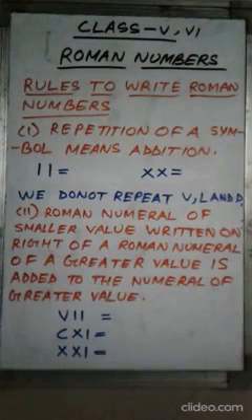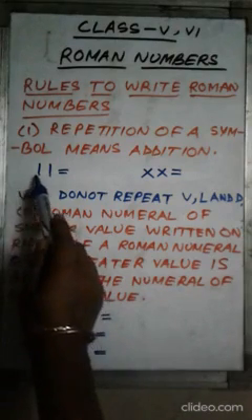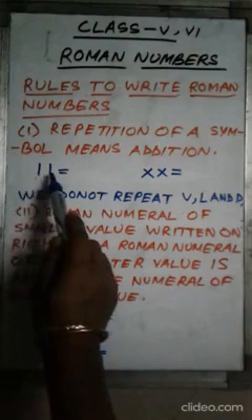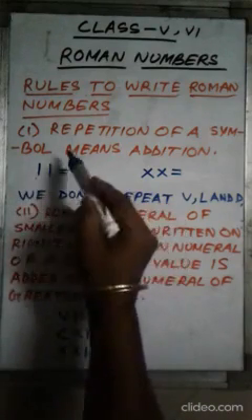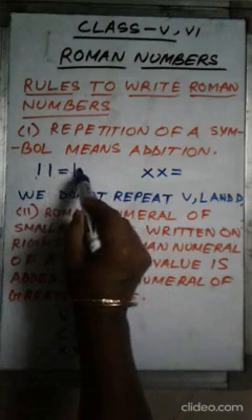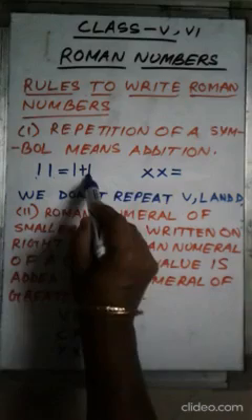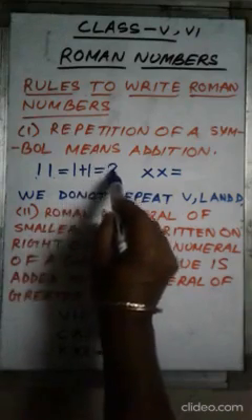Students, now we shall learn some rules to write Roman numbers. Rule number 1: repetition of a symbol means addition. Here you can see the symbol is repeated, so it will be 1 plus 1, which is equal to 2.